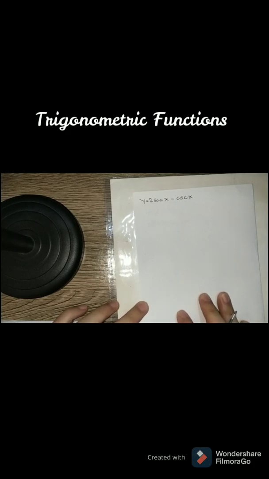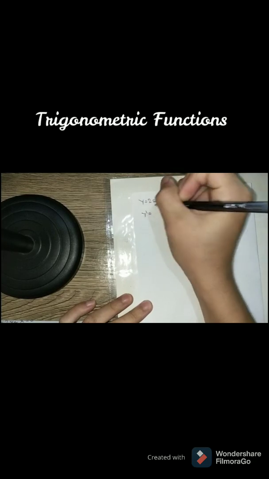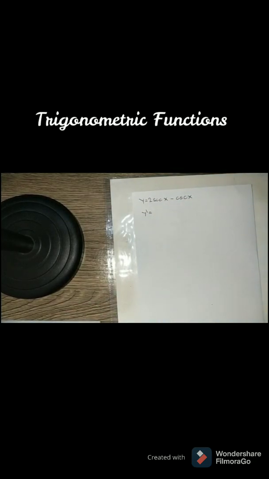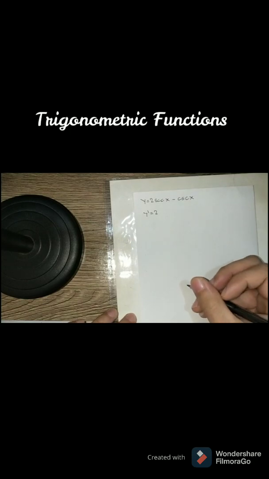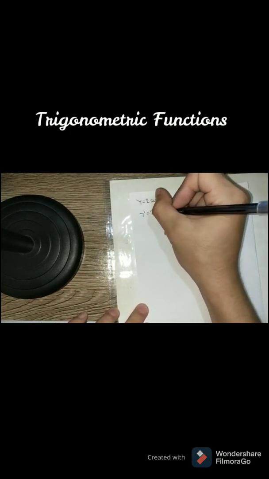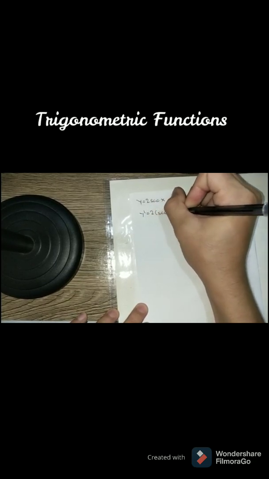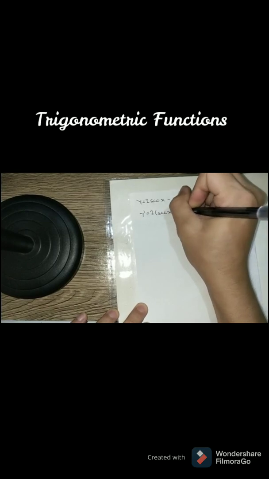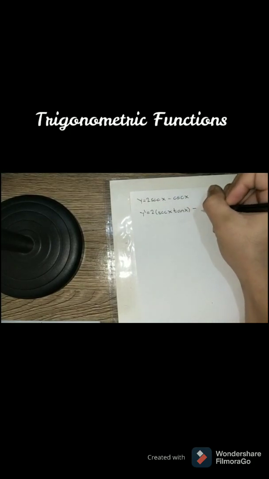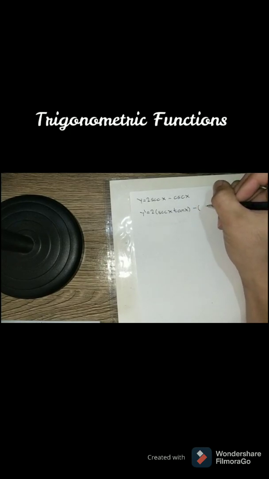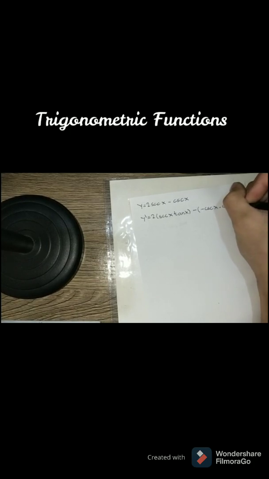The derivative of this we're going to use is y prime equals, copy down the 2, so that's 2, and the derivative of secant of x is secant of x tangent of x, minus, and copy down the derivative of cosecant, and that's going to be negative cosecant of x times cotangent of x.